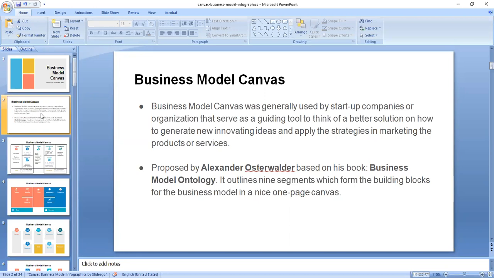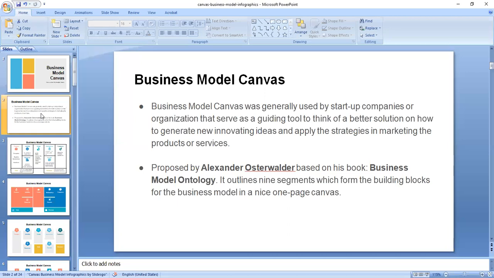Now, this particular business model canvas, BMC for short, you can easily Google BMC, was proposed by Alexander Osterwalder. It is based on his book, The Business Model Ontology. In it, Mr. Osterwalder outlines the 9 segments associated with the BMC, which form the building blocks for your business, whatever that business may be.